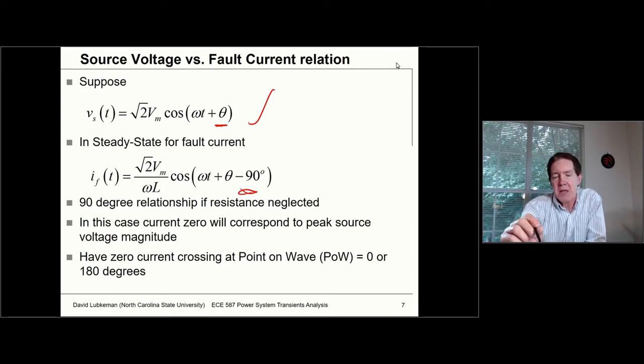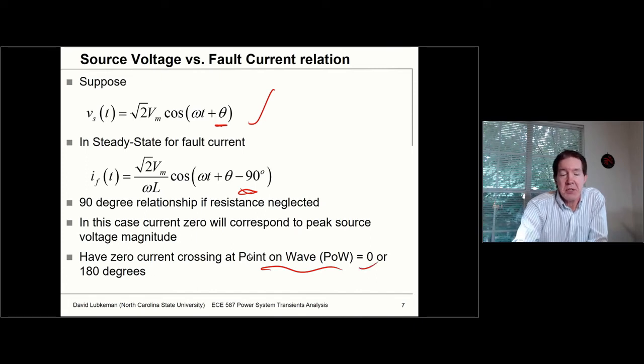What this means is that whenever I have a natural current zero, the source voltage is going to be at its maximum. It could be at its positive peak at a zero crossing, or at its negative peak, but either way the voltage is typically around its peak value. So in the practical cases where a fault is cleared at a zero crossing, this point on wave is either going to be 0 or 180 degrees.